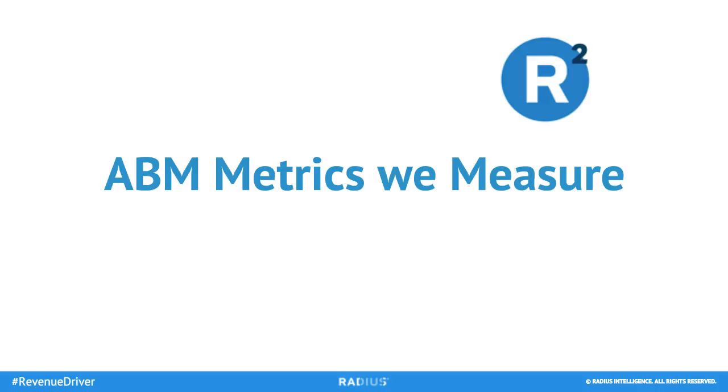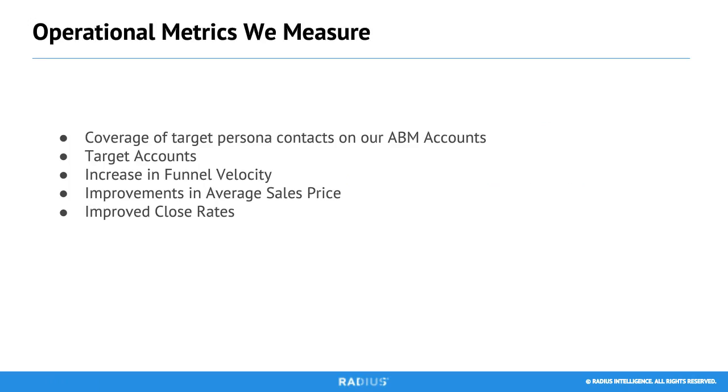A few things that we really look at when measuring success of ABM is coverage of targeted personas for our ABM accounts. From an operationalizing perspective, are we doing a good job of making sure that we have our 5 personas per target account for sales to work with and are engaging with them?